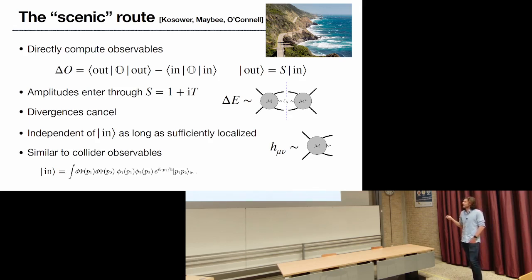You just define a difference in an observable between an asymptotic out and an asymptotic in state, and you can relate this quite straightforwardly to scattering amplitudes. This is very tractable in practice, and it's very similar to what people would do in collider physics.